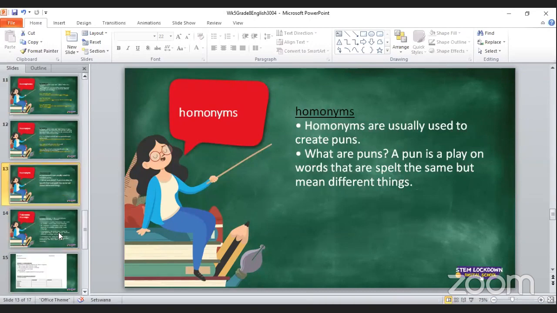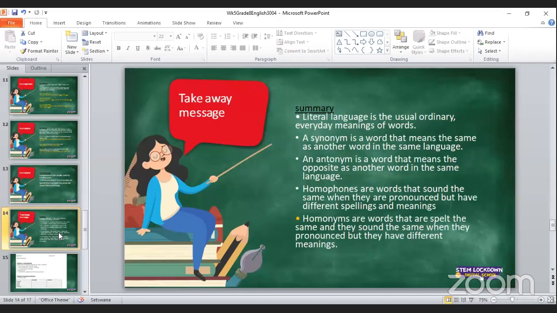So the summary of today's lesson before I give you the homework. Today we talked about literal language, that it is the usual, ordinary, everyday meanings of words. I made an example with computer, that a computer really is literal. When I say computer, you think of a computer and there is no underlying meaning behind that, right?